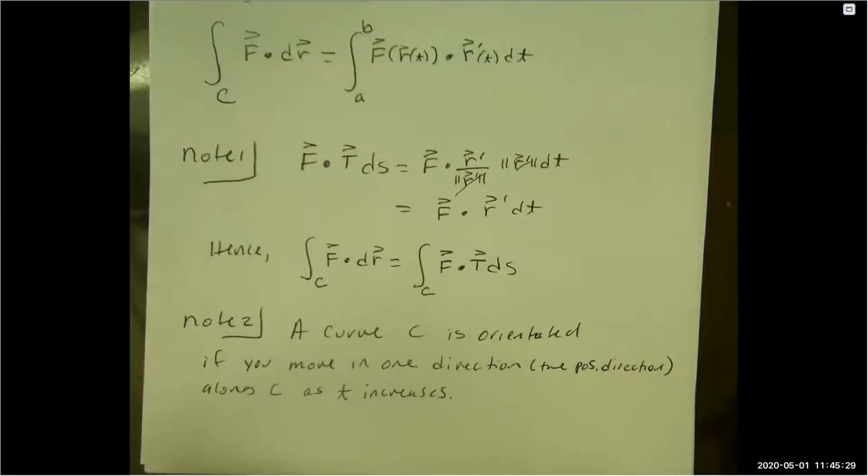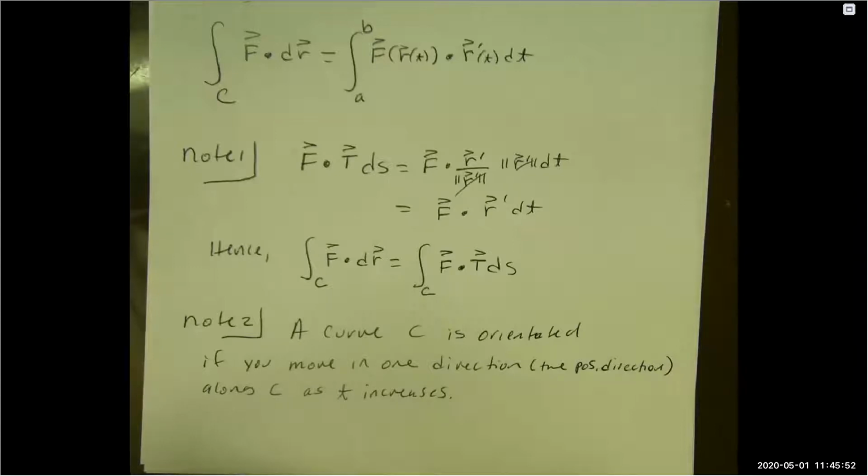Then as t increases, it's going to be on the line y equals x, but it's going to be moving back and forth on that. So you're not moving in one direction as t increases. We're talking about an oriented curve, which means that you move in one direction as t increases, and whatever that direction is, that's the positive orientation along the curve.